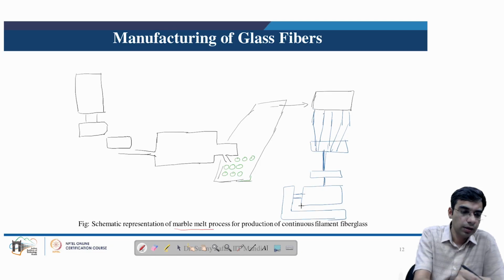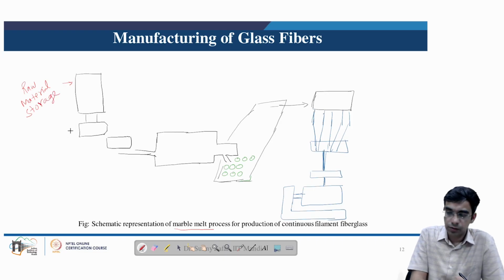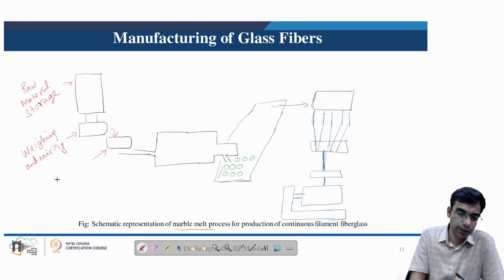So I will now include the naming of various components. This is basically the raw material storage. After the raw material storage, here we perform the weighing and mixing. All the various components, constituents, are weighed and mixed. Then it is brought here in the blending.